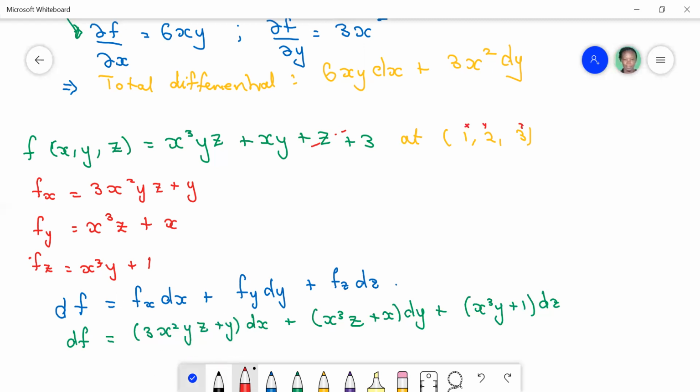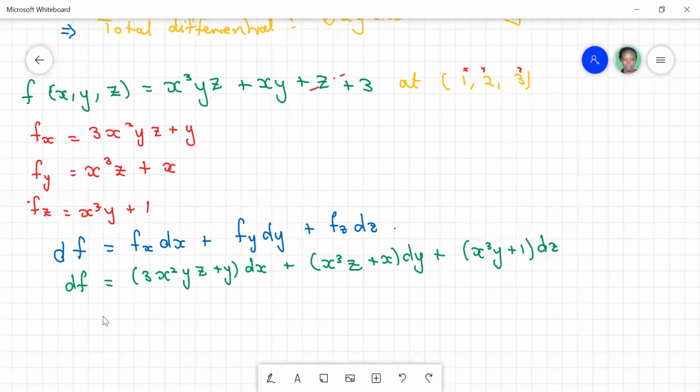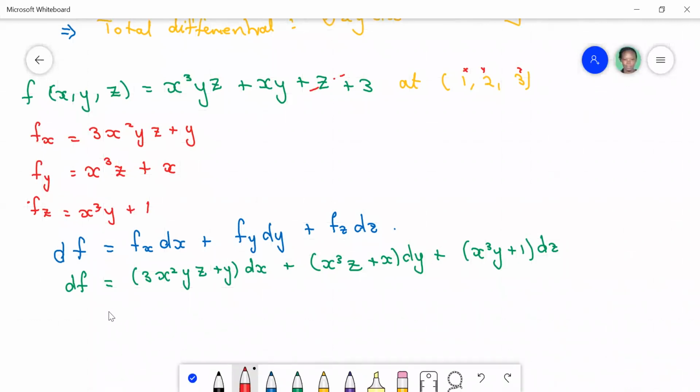If you do this substitution, this gives me 20 dx plus 4 dy plus 3 dz. Basically, this is what our partial differentiation, higher orders, and total differentials are about.